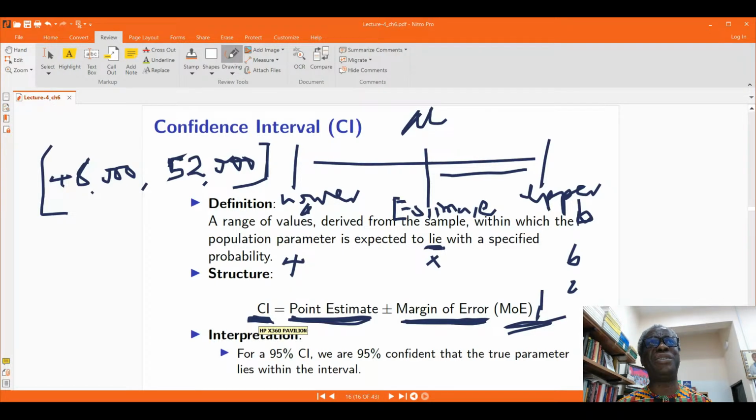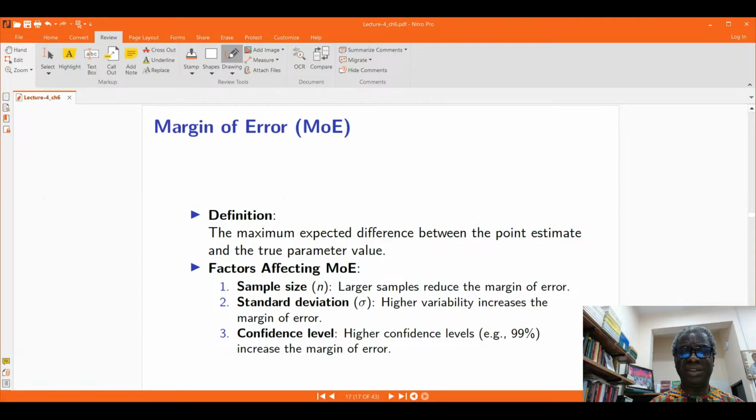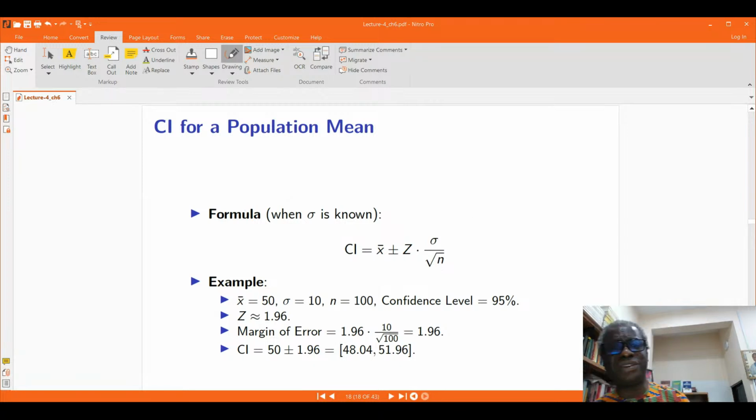What does it tell about the reliability of your estimate? So don't forget these three factors that often affect your confidence interval.